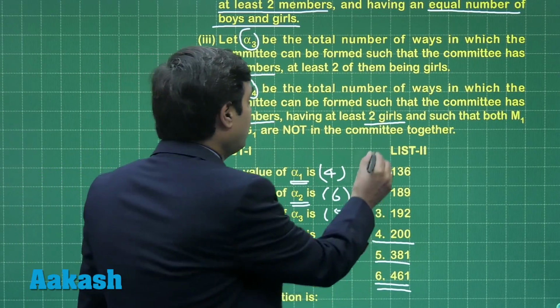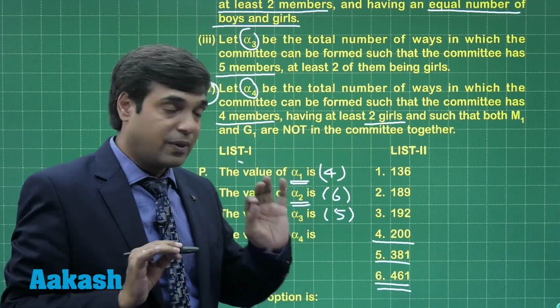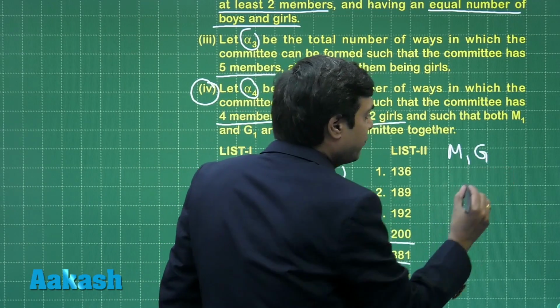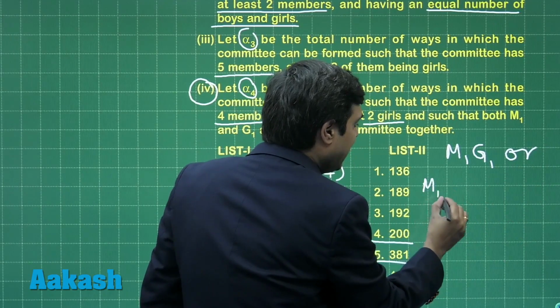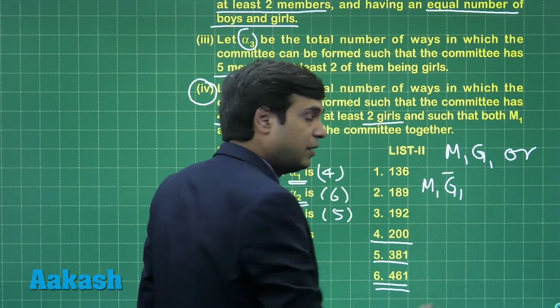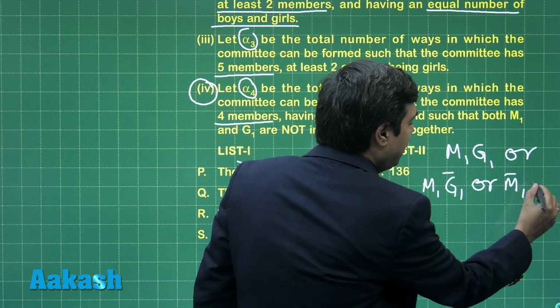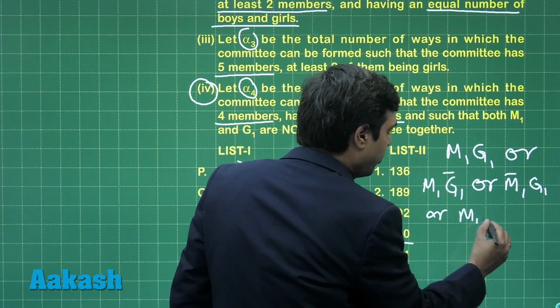So, what we can do for this particular case, we need a committee of 4 members. Now, a committee of 4 members can be formed like including both M1 G1 or including M1 but excluding G1 or excluding M1 including G1 or excluding both.